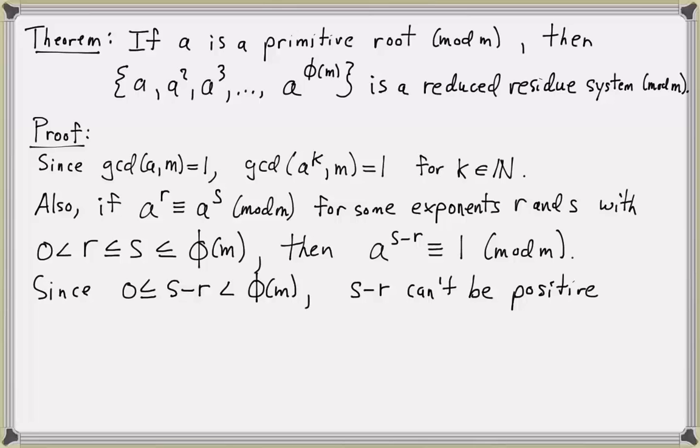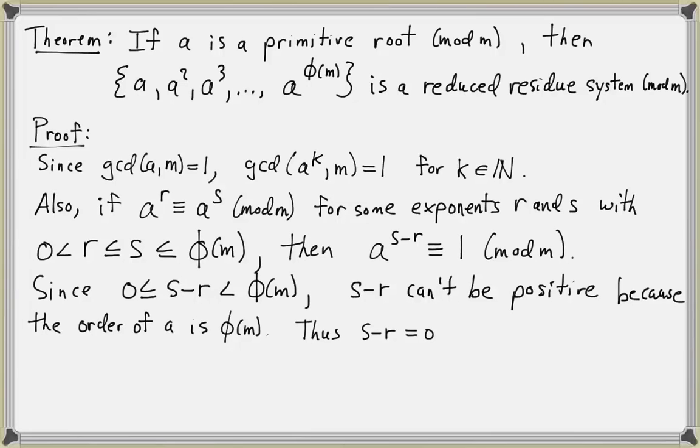So phi of m is the smallest positive power of a that is congruent to 1 mod m. Thus, s minus r equals 0, and s equals r.